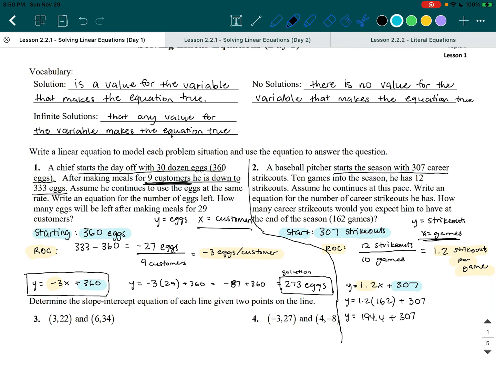Then we have to add the 307 afterwards. Remember, you multiply before you add because PEMDAS. And then you get 501.4. So if we're talking about numbers of strikeouts, then I would assume that this is about 501 strikeouts, just rounding it.